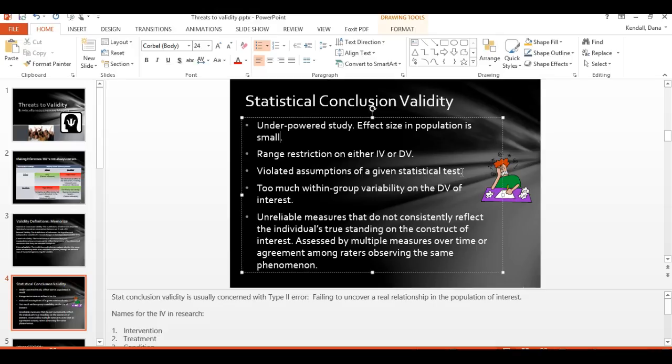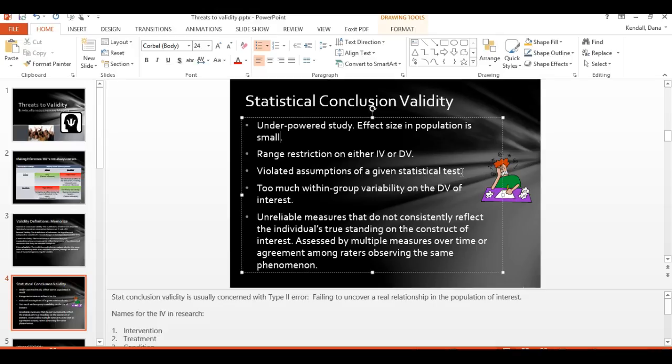The difference between the mean of the people who are in the intervention and the people who are not in the intervention. That mean difference is wide. If it is wide, then you know that you have an easier time finding an effect. But if that difference is smaller, then you would have a harder time finding an effect.